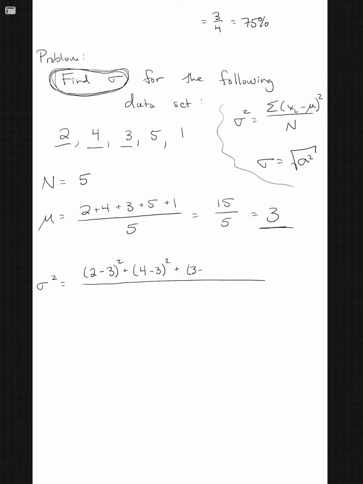Then we have our third data point, minus mu, and then squared, plus our fourth data point, minus mu squared. So our fifth data point, minus mu squared, all over 5. Alright, so that's negative 1 squared plus negative 1 squared plus 0 squared plus 2 squared. Whoops, this is positive 1.